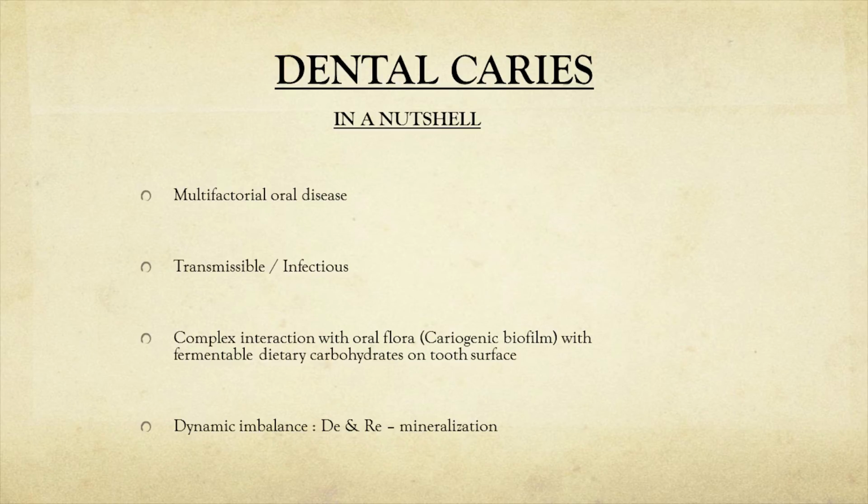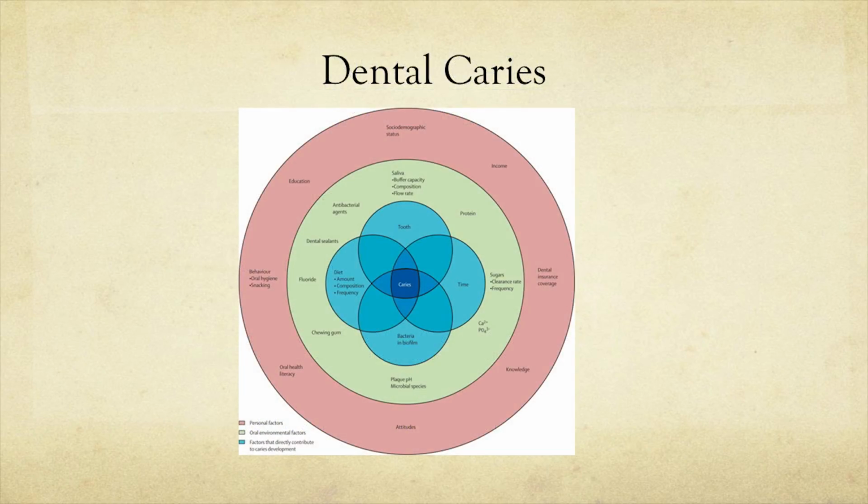Key important things about dental caries: it's a multifactorial oral disease, a complex interaction of the oral flora with a fermentable dietary carbohydrate on tooth structure, and it starts off as a breakdown of your mineralized structure, and once it goes into your connective tissue, it leads to other odontogenic infections as it proceeds. I just wanted to bring in the sequelae and a basic understanding of dental caries and how it gets to the periapical area.